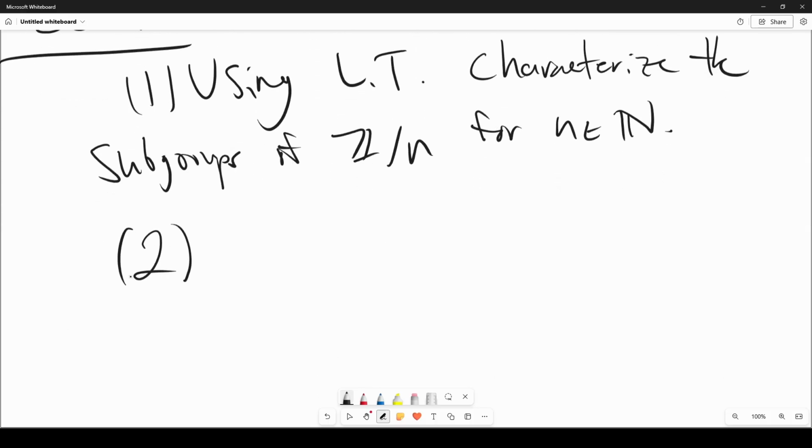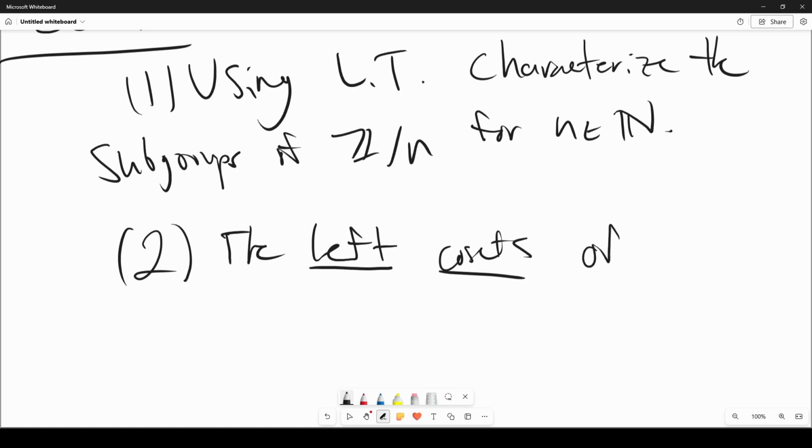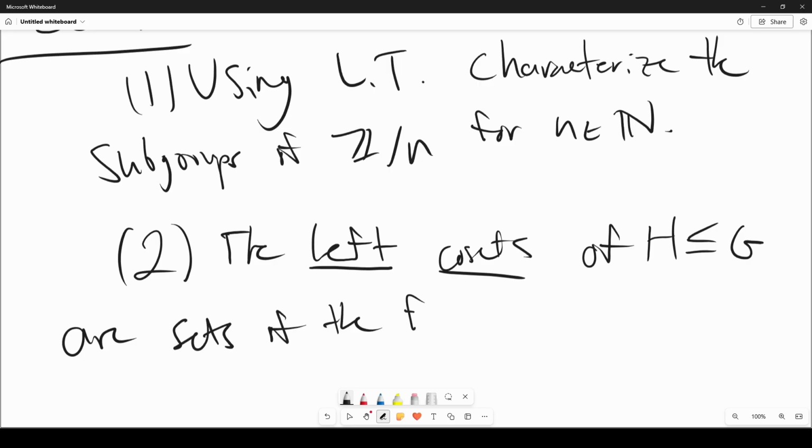Okay, 2. The left cosets of H as a subgroup of G are sets of the form gH for g in G. So right cosets were g multiplying on the right, left cosets are g multiplying on the left.